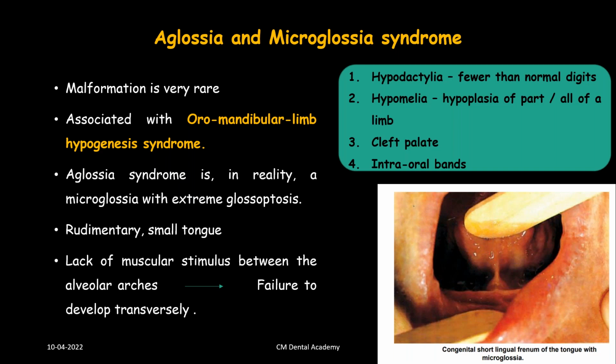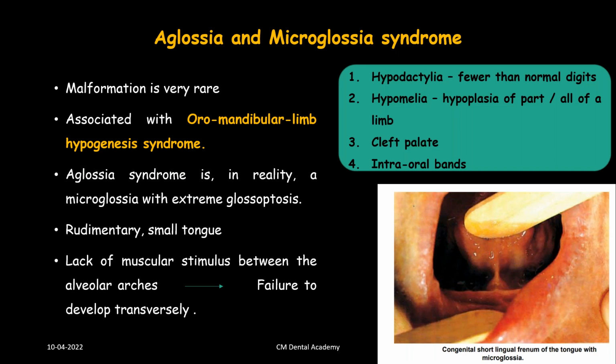Aglossia syndrome is in reality a microglossia. The word aglossia stands for the complete absence of the tongue, but in reality it doesn't exist so far. It presents with a small rudimentary tongue.